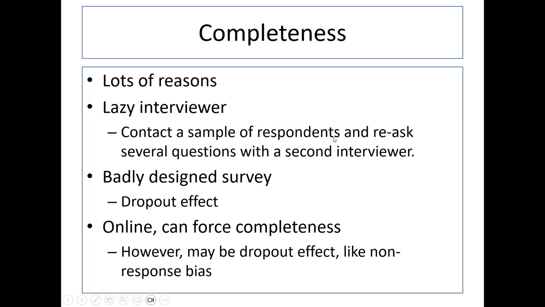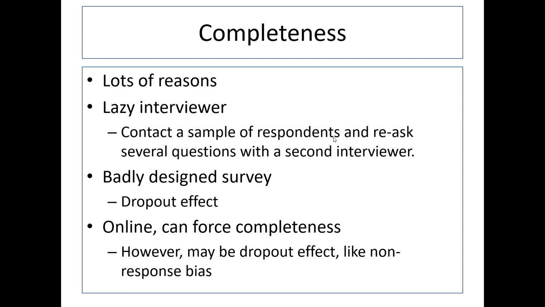Okay, so completeness. There are lots of reasons for this. Again, quantitative and qualitative interviews, online and offline, are all a little bit different. We may have a lazy interviewer who doesn't ask all the questions properly, and it results in gaps in the data.